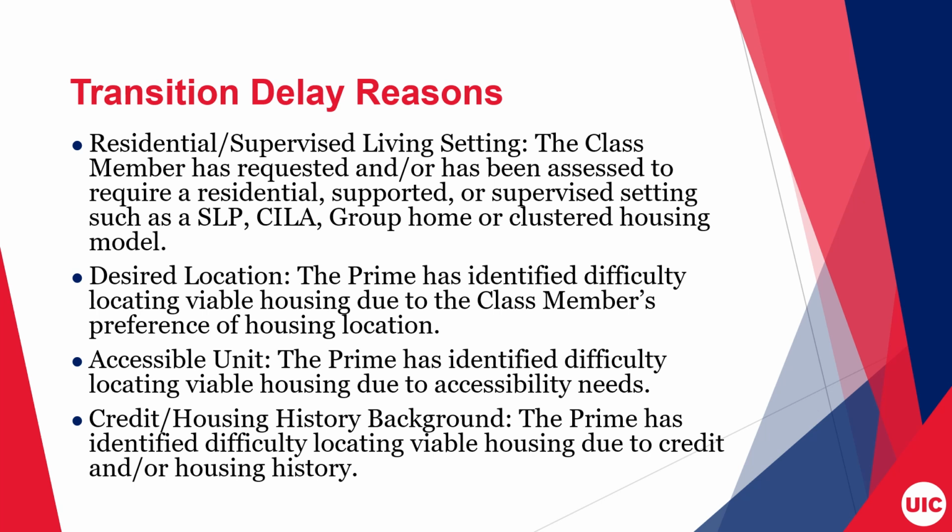Examples include legal restrictions related to housing location, such as restraining orders or unavailability of affordable units in desired area of preference. Accessible unit. The prime has identified difficulty locating viable housing due to accessibility needs. Credit, housing history background. The prime has identified difficulty locating viable housing due to the class member's credit and/or housing history, as evidenced by being denied for multiple apartment applications.